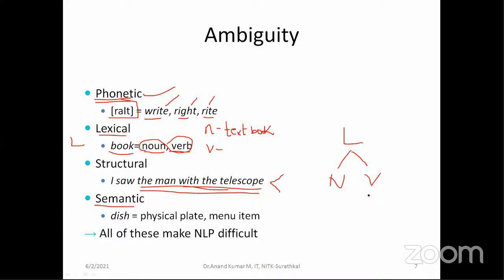In semantic level ambiguity, the noun itself has two meanings. Say for example, dish: a physical plate is a dish, and a menu item is also a dish. Both are nouns. Plant, a biological plant or an industrial plant. Bank, river bank or financial bank. Bank is a noun.